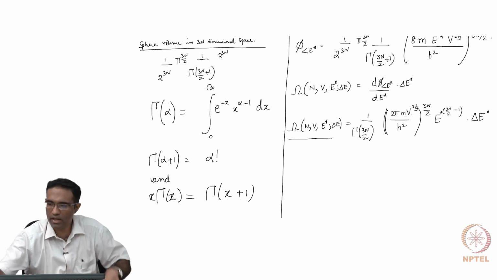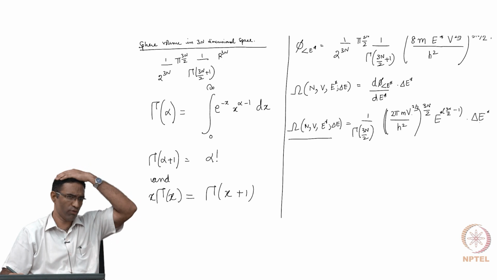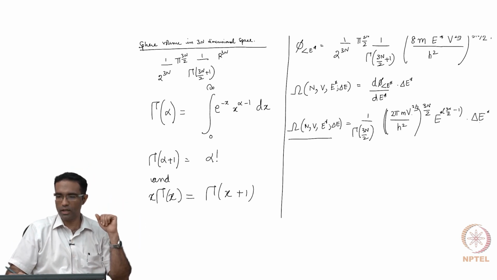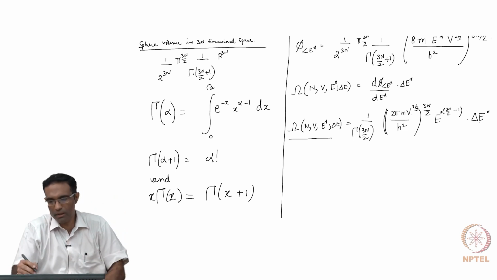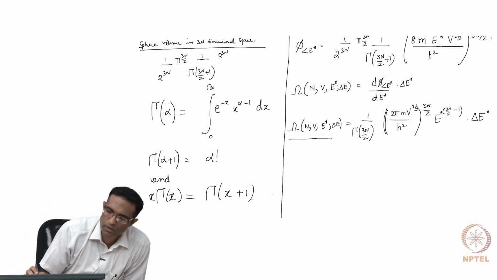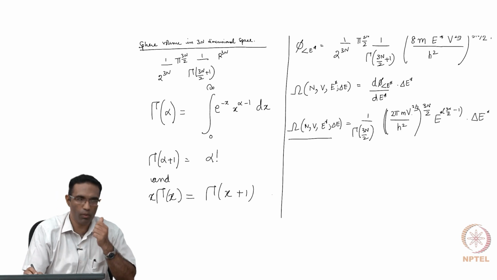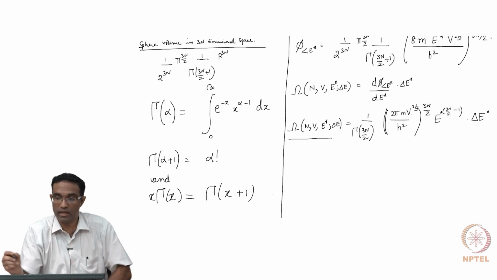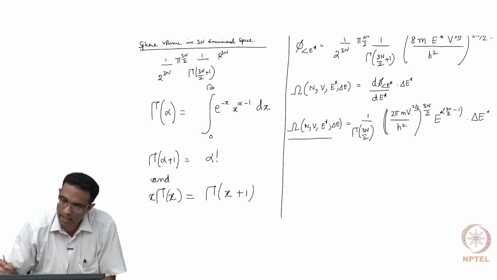But still we are left with this delta E kind of quantity and we really don't know what to do about it. But we can actually do something more and show something really interesting. For example, if you wanted to find out the entropy of this gas now, what would you do? Take Kb ln omega, right?